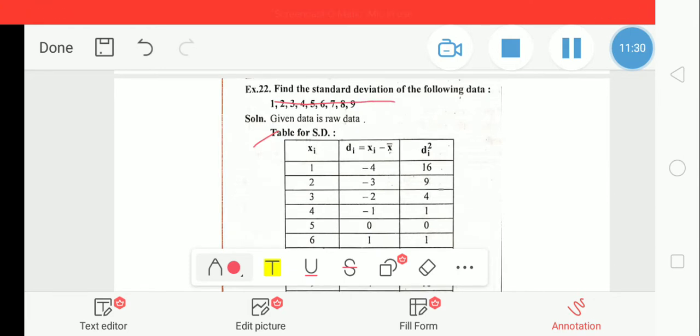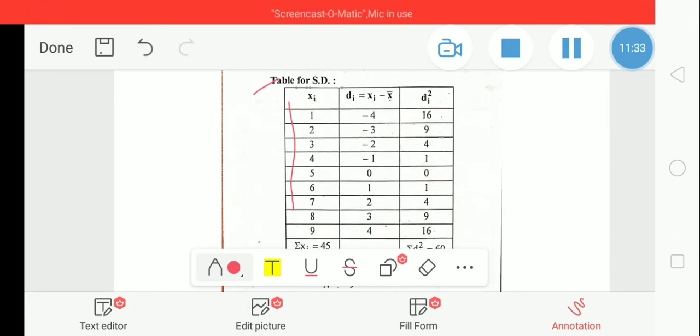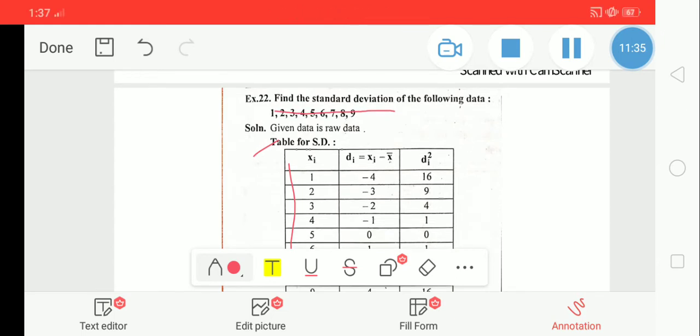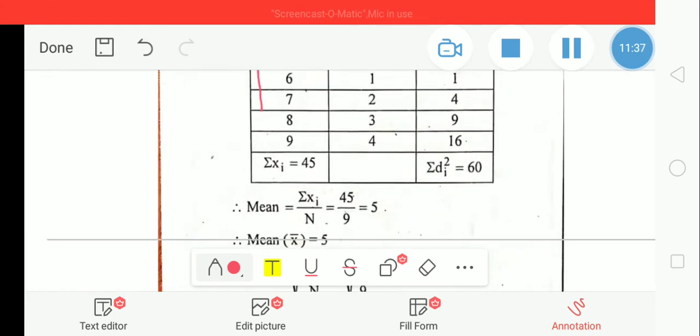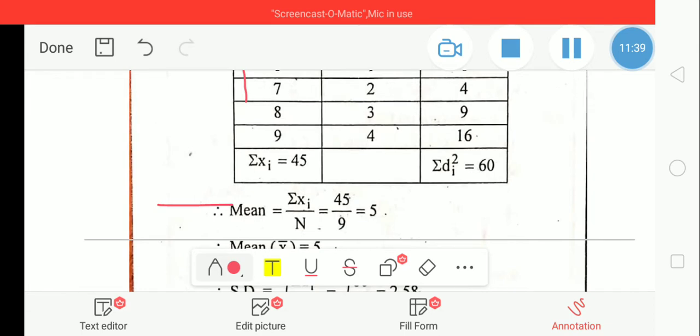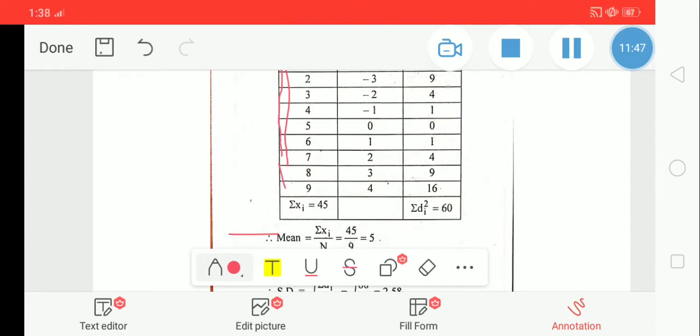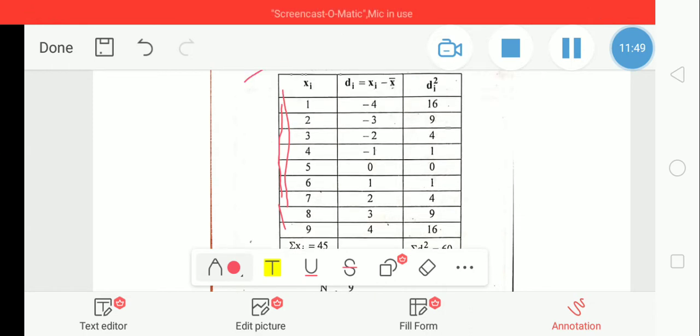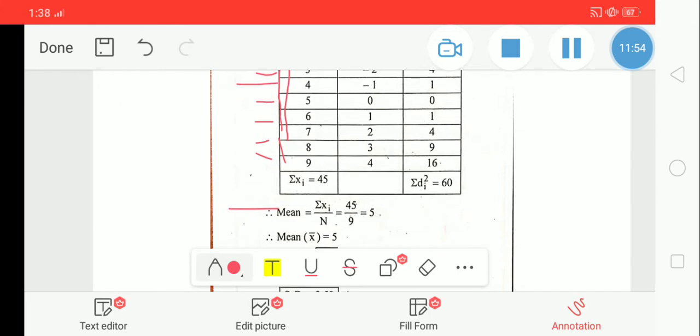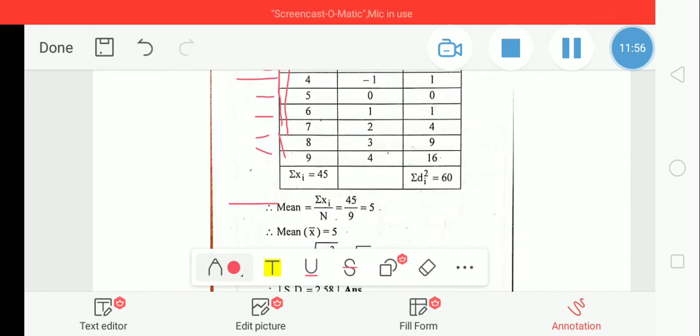Now how to find the mean? Summation of xi divided by n. We sum 1 plus 2 plus 3 plus 4 plus 5 plus 6 plus 7 plus 8 plus 9, that is 45. And here how many values? 9. So 45 divided by 9, that is 5.